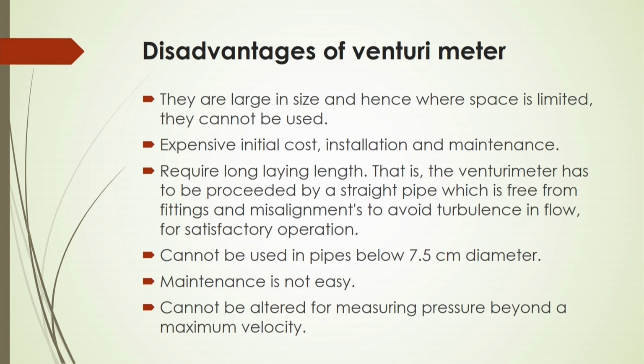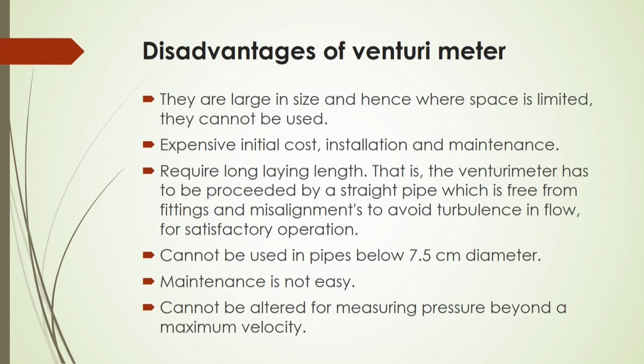And these Venturi meters cannot be used in pipes below 7.5 centimeter diameter, because the pressure is high and there will be more turbulence, so it cannot be used there. Sometimes it also makes some vibrations, which will give you some error in your measurement.